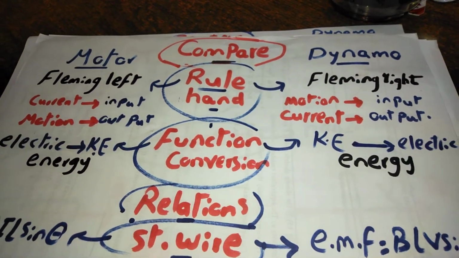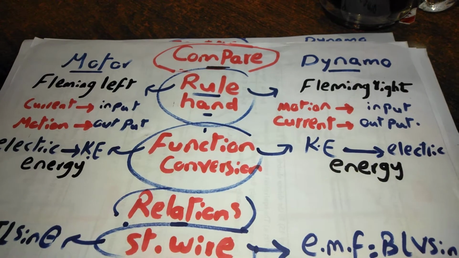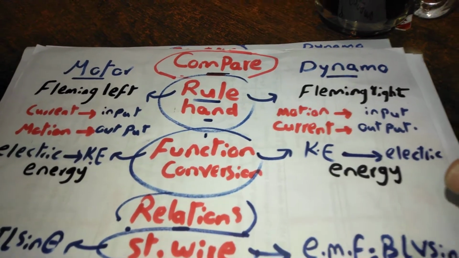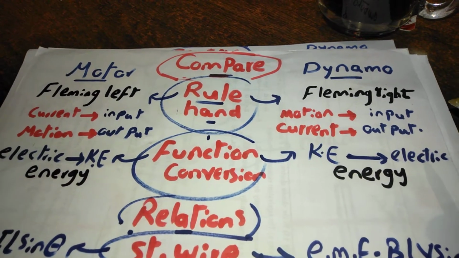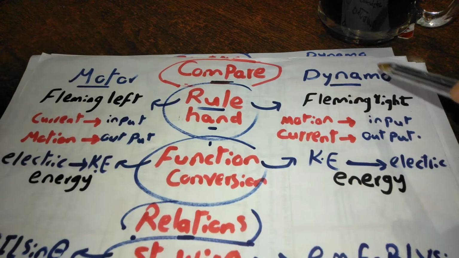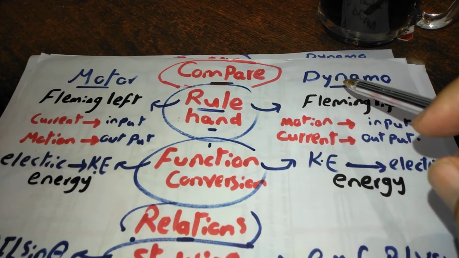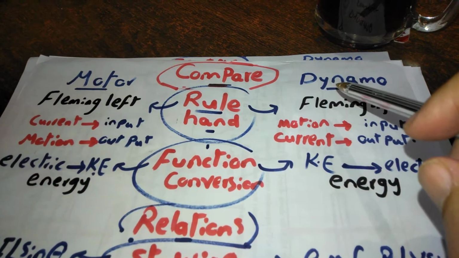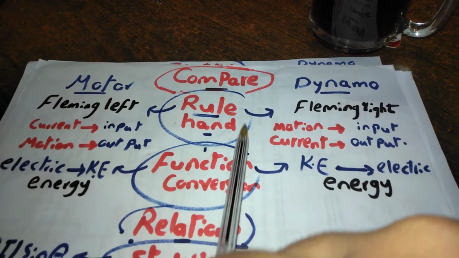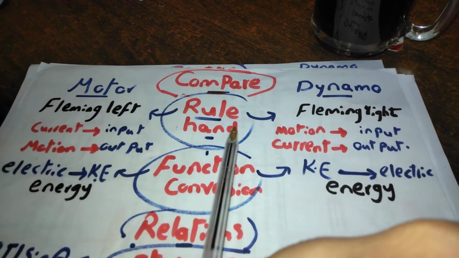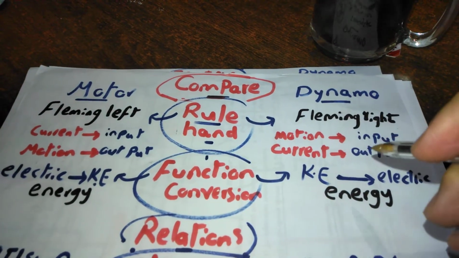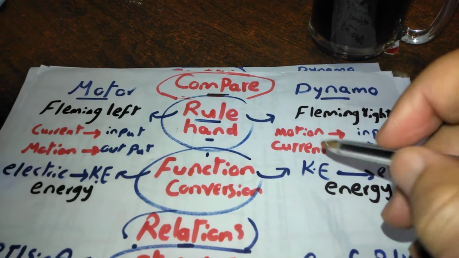Bismillahirrahmanirrahim. Today we are going to discuss a very important comparison in our curriculum, which is between motor and dynamo. Let's start by comparing them through the rule through which we can understand the operation.